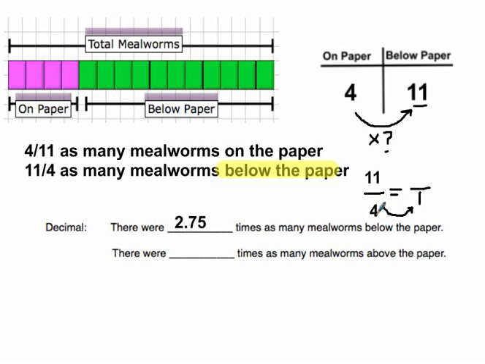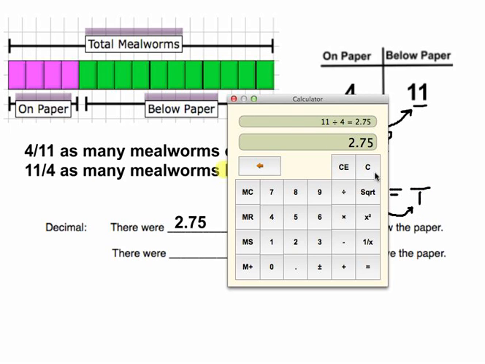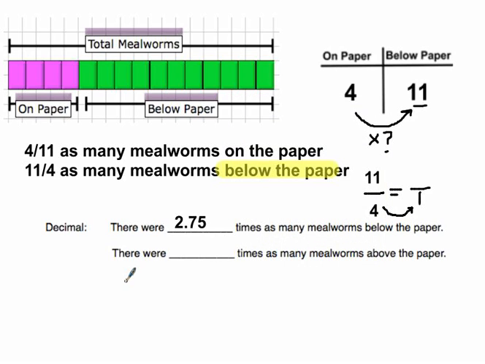And to do that, we could divide by 4. That would give us a denominator of 1. And so we wind up doing the same thing. 11 divided by 4 is 2.75. So once again, you could just take your information from the previous part and now represent it as a decimal. 11/4 is 2.75.